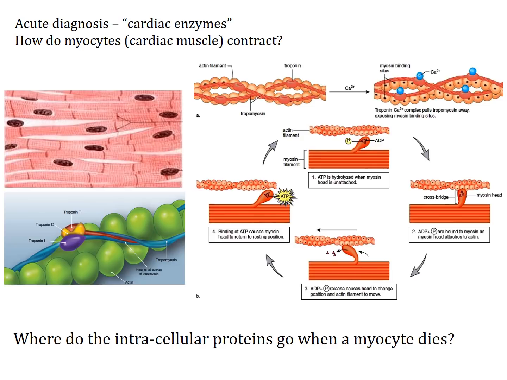So in an individual who develops ischemic injury, myocardial necrosis, and release of the intracellular enzymes, where do those intracellular proteins go when the myocyte dies? Those intracellular proteins end up free floating in blood, and then we can assess that with a blood test by looking specifically at enzyme levels such as troponin.